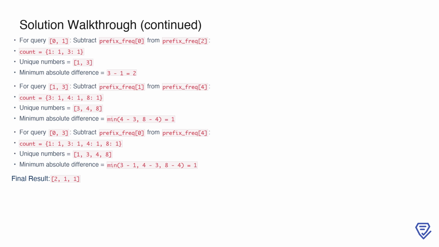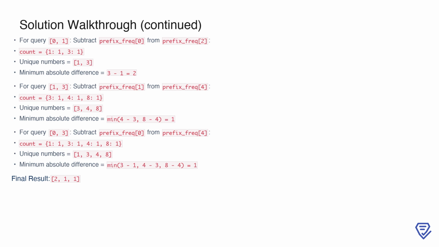For the second query, 1, 3, we subtract prefix_frequency[1] from prefix_frequency[4], resulting in the count, 3, 1, 4, 1, 8, 1. The unique numbers are 3, 4, 8. The minimum absolute difference can be calculated as the smallest difference between consecutive numbers, which is min of 4 to 3, 8 to 4, equals 1.